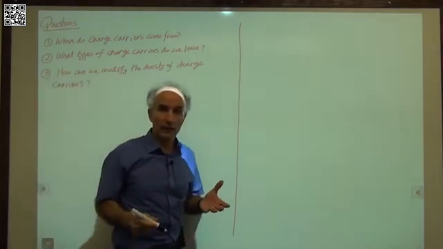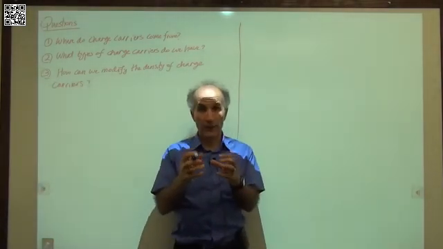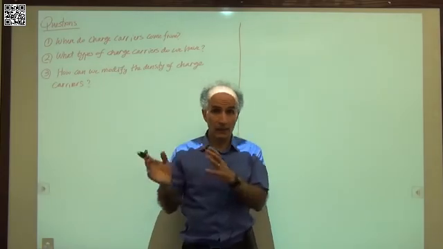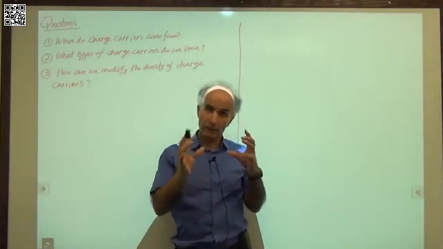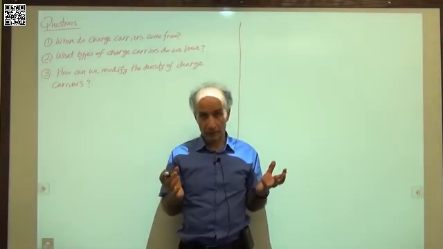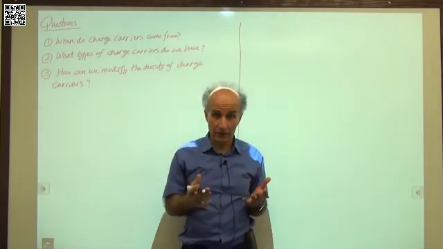Intuitively, we know that if in a material we have lots of carriers, then that material is very conductive. If you have very few carriers, it's not very conductive. So that's what we call the density of carriers.